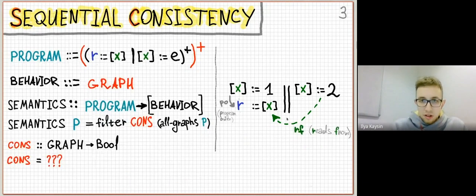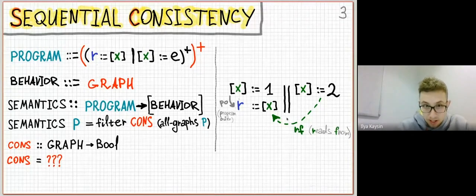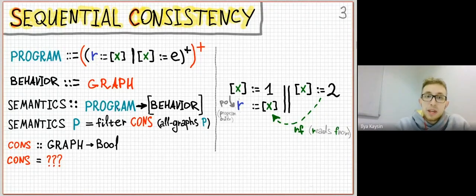So let's just use this idea and define the behavior as a graph, because as soon as we have a graph, we can restore the final state of the registers. So let's just say that our behavior is the graph itself.